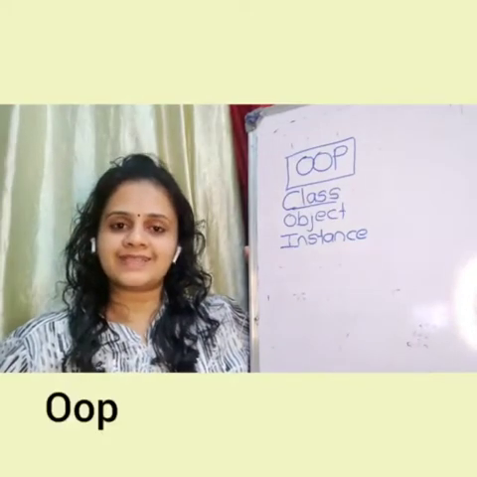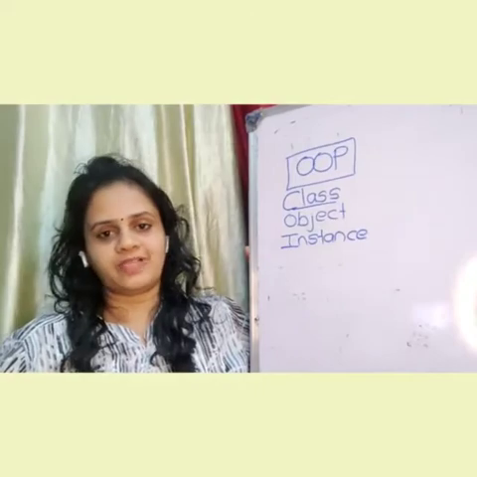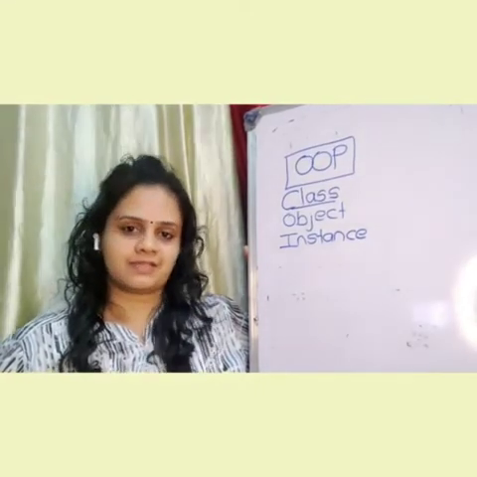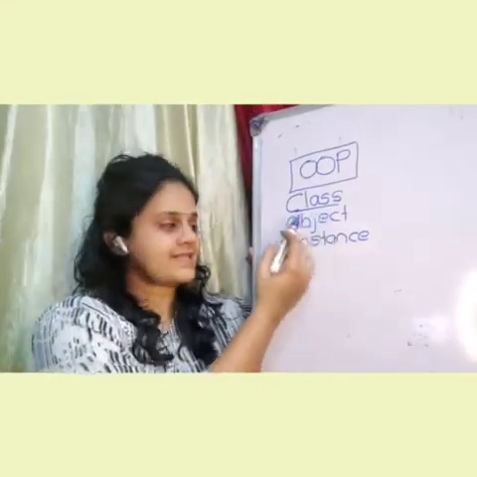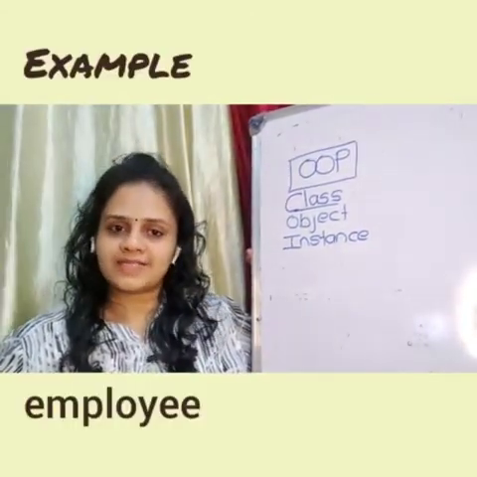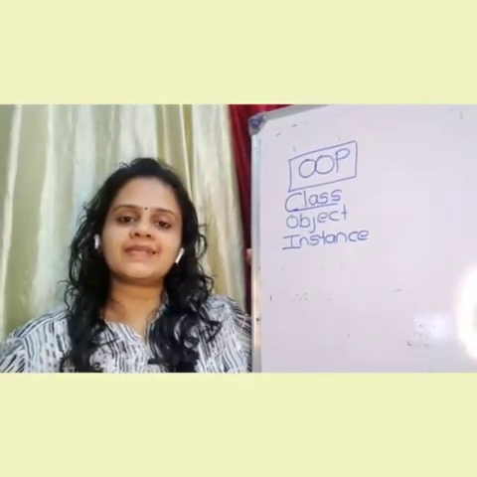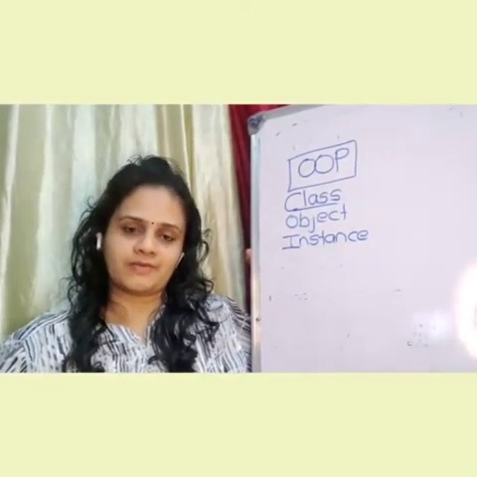In today's lecture, we are going to see the three important parts of OOP, or three basic terms. First one is the class, second is the object, and third one is the instance. So what is basically a class? Class is nothing but combining the common properties into one.